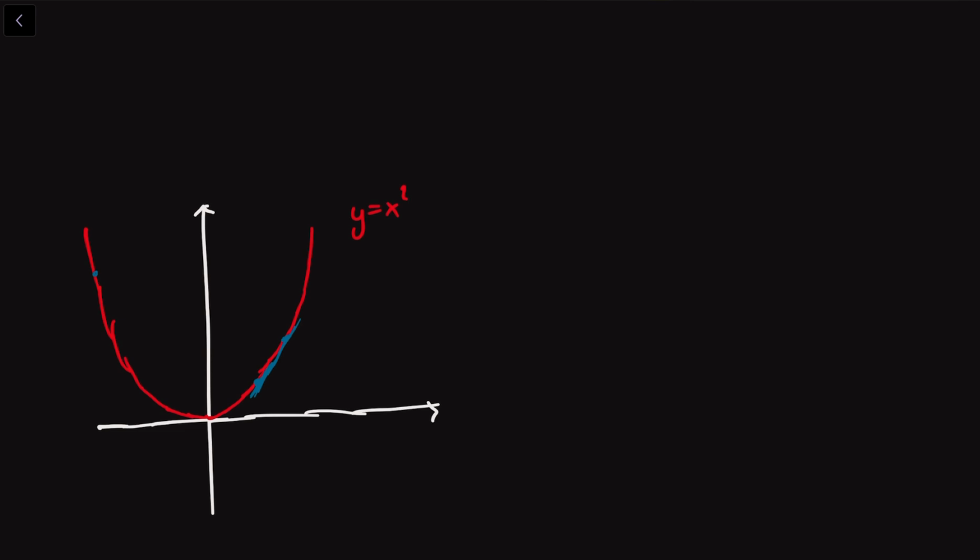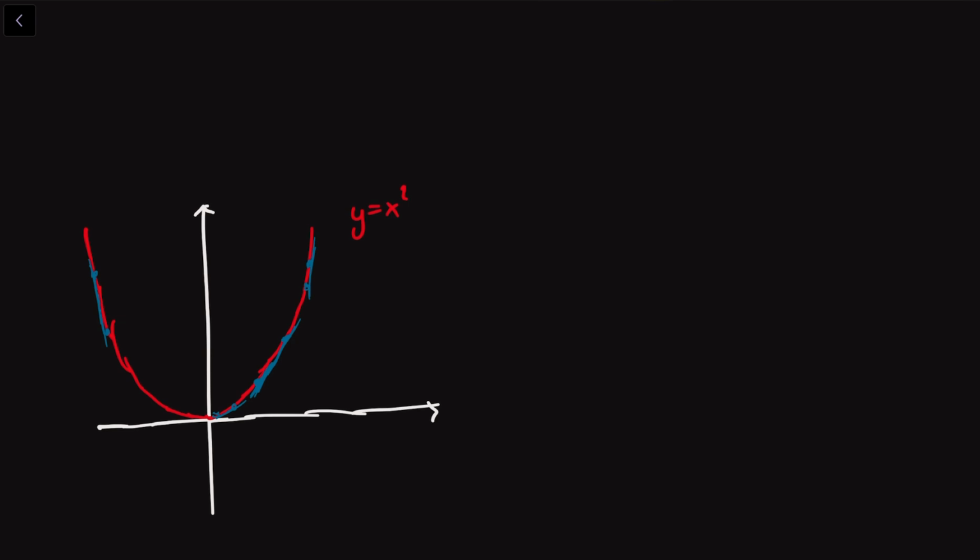A secant line is a line between 2 points on a function. So the slope definitely changes. Look at this slope and look at this slope. Definitely different. I'm sorry, my secant lines don't look that good, but I hope you get the point. The slope is changing with this parabola.